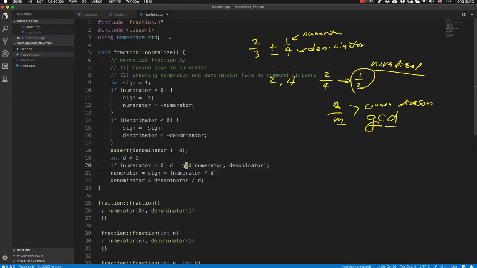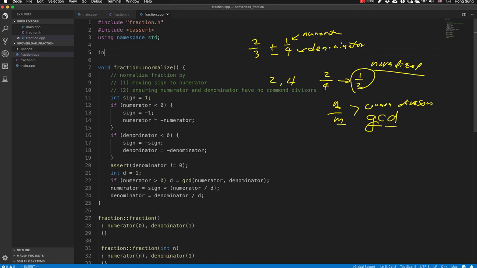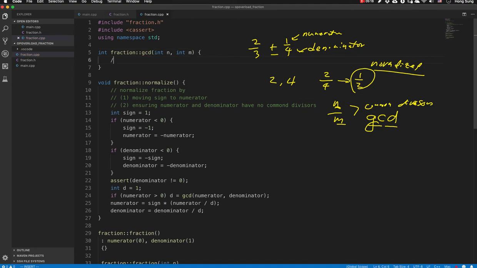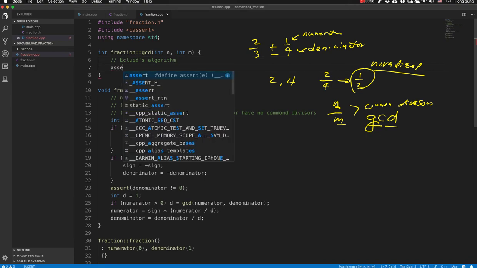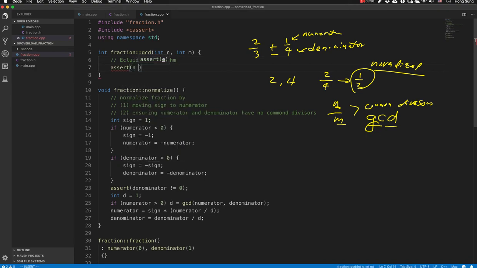So let's have another function for that: fraction greatest common divisor, integer n and integer m. Then based on Euclid's algorithm, we can implement it as follows. First, assert that n is positive, and m is also positive. Otherwise, the algorithm does not work.